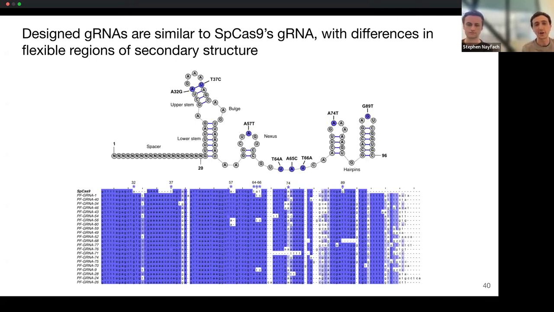Annotated in that structure, we have these positions in the generated guides where we see a difference with SpCas9's guide. What you can see is that many of the mutations that the model is introducing are at locations in the guide RNA that can essentially be tolerated functionally. So these are at loops or linkers. So the model has essentially learned some of the biophysics of the guide RNA and knows which regions of the sequence it can introduce variation into.